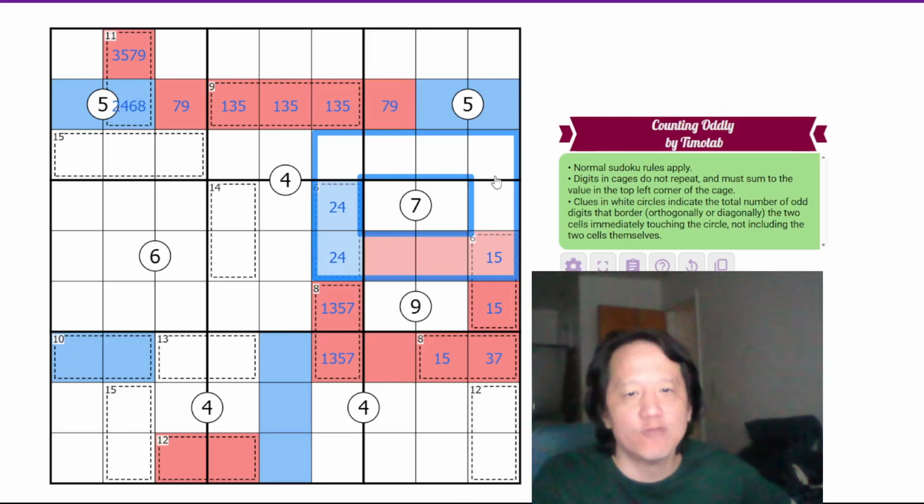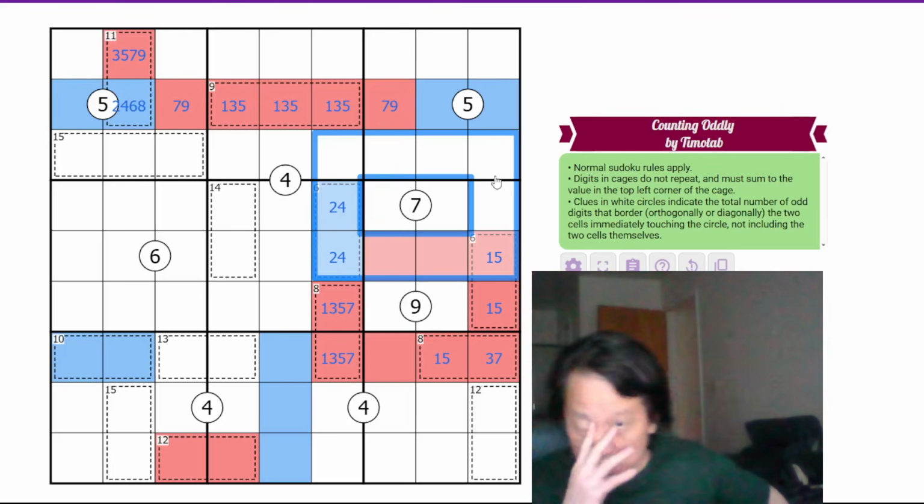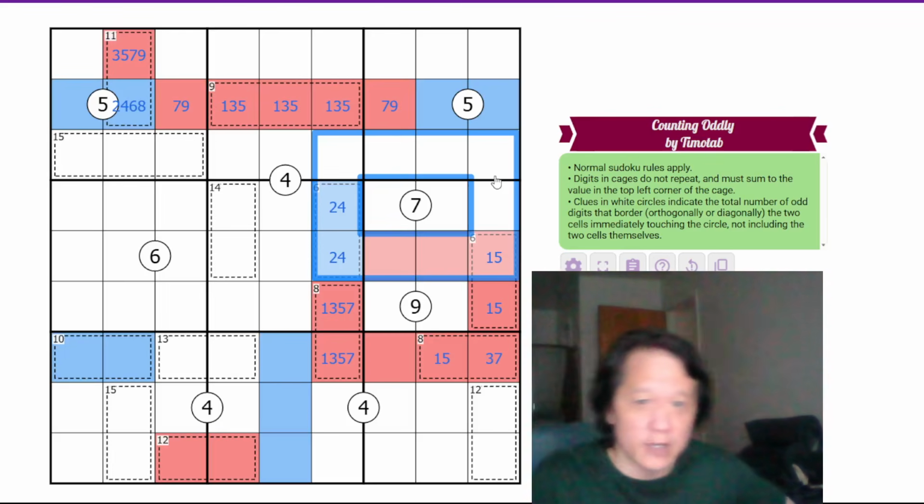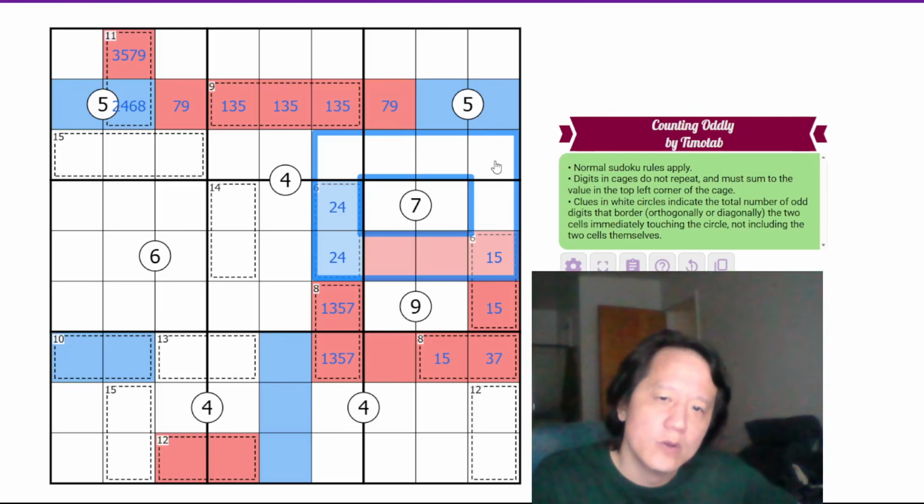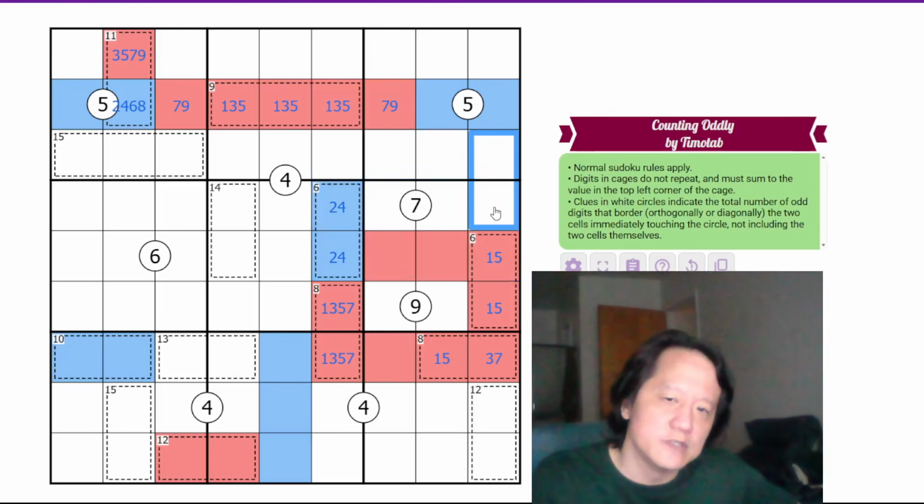So we have 1 more even cell. Okay. Which means at least one of these is odd.